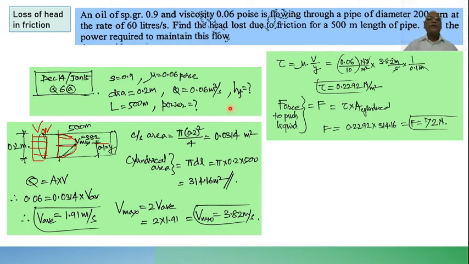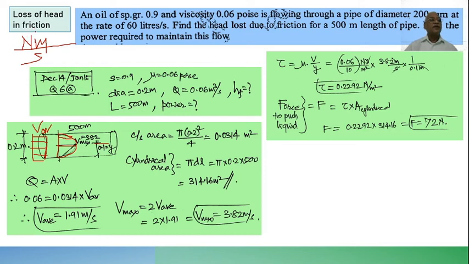Now you want power. Power is what? The work done per unit time. Work done is Newton into meter. Force is Newton, I have calculated force, into distance gives you work done, divided by time gives you power. Work done per unit time is nothing but power, Newton meter per second.